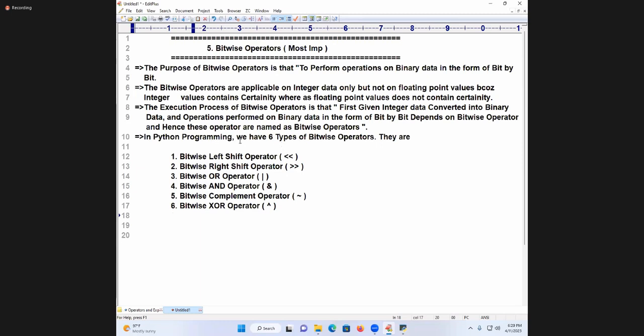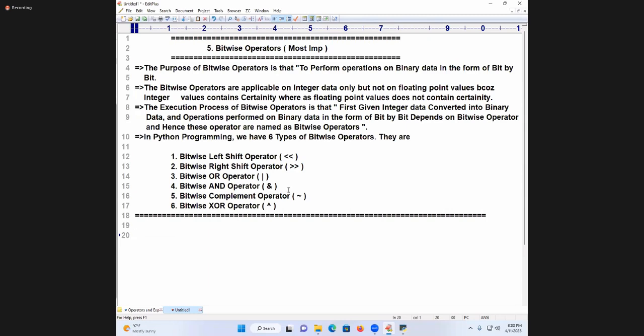In Python programming, we have 6 types of bitwise operators: bitwise left shift operator, bitwise right shift operator, bitwise OR operator, bitwise AND operator, bitwise complement operator, bitwise XOR operator. Now I am going to discuss each of these operators in detail.